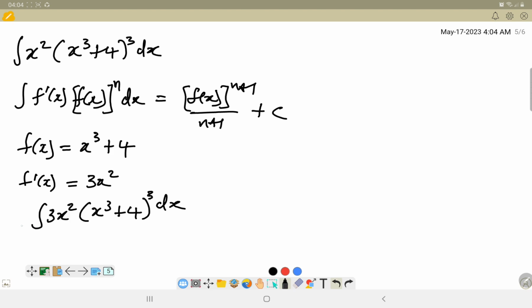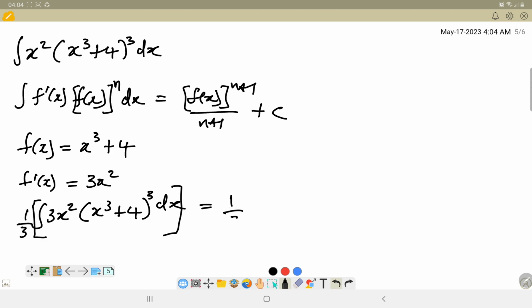So because we have multiplied by 3, to be mathematically correct, we have to divide by 3, because 3 divided by 3 is 1. So now this part inside here fits the formula. So the solution to this, of course, 1 over 3 is outside the integral, which is more like a constant.